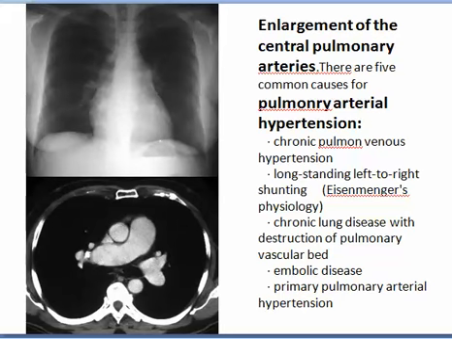Enlargement of the central pulmonary arteries is the reverse. There are 5 common causes for pulmonary arterial hypertension, in which the pulmonary artery diameter exceeds that of the descending aorta.